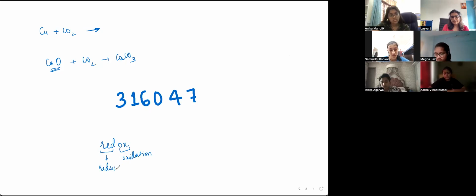So if you see that reduction and oxidation are happening in the reaction, like in this we have oxygen being added to nitrogen and hydrogen also removed, so oxidation and reduction are happening there. That would come under a redox reaction. Also oxygen is taking the place of hydrogen, so it is also classified as a displacement reaction.